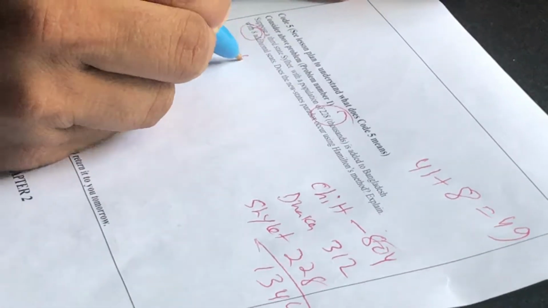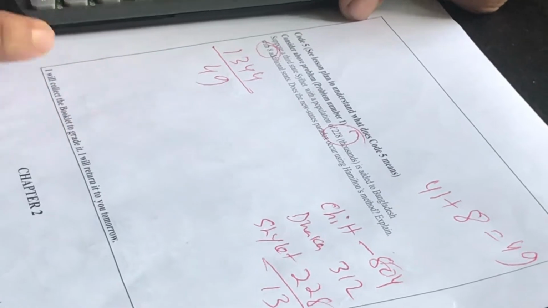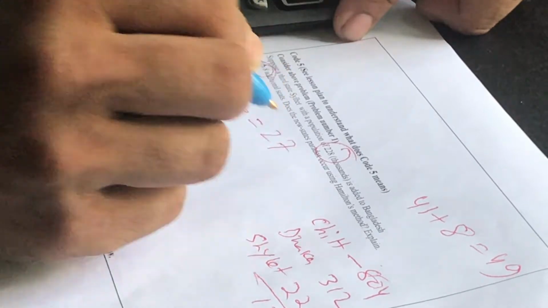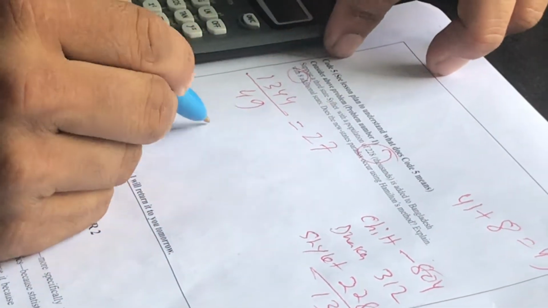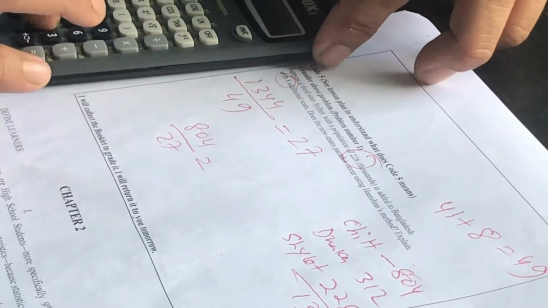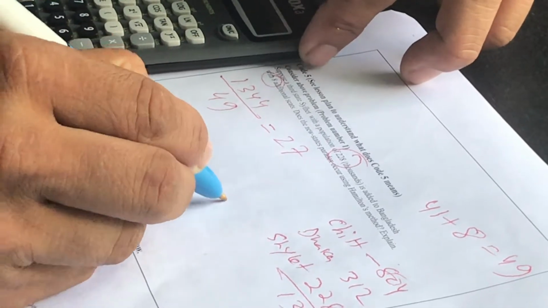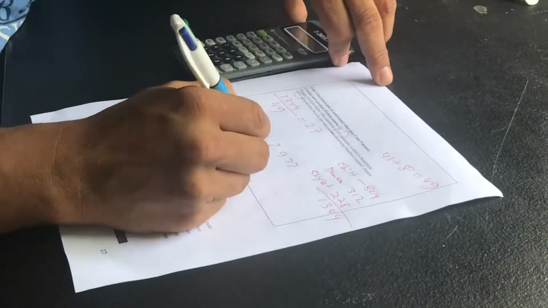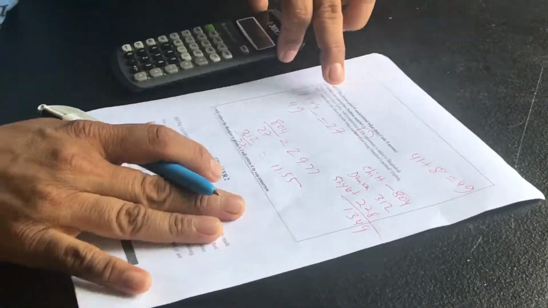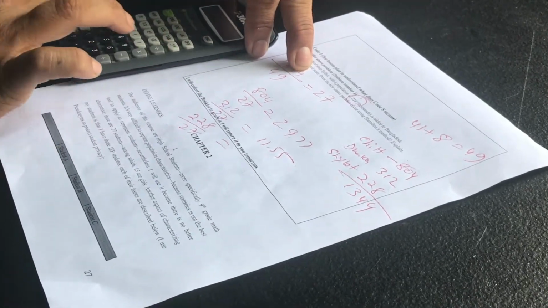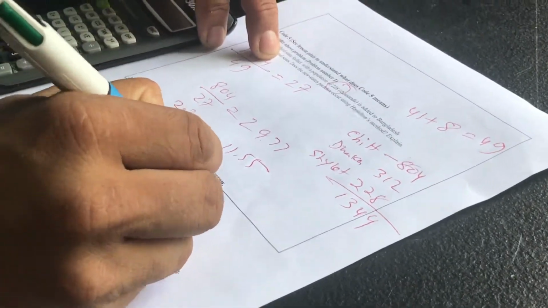So 1344 divided by 49 gives us still 27. Now 804 divided by 27 gives us 29.77. 312 divided by 27 gives us 11.55, and 228 divided by 27 gives us 8.44.